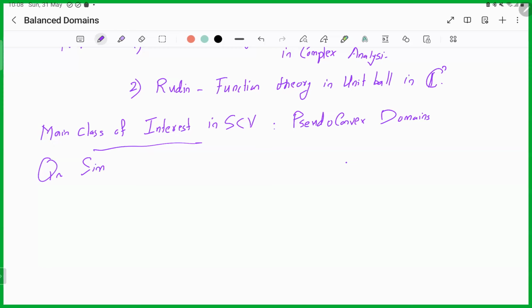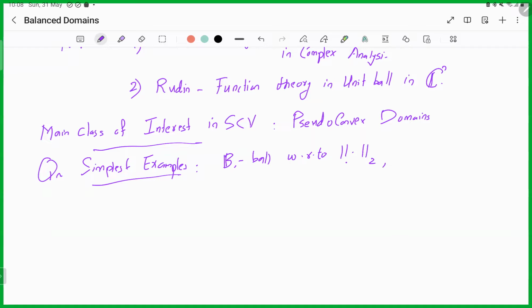I think most of the students in SCV have heard at least about pseudoconvex domains. The simplest examples: in every SCV book, you can see that the first example is the Euclidean ball itself, the ball in C^n with respect to the L2 norm.